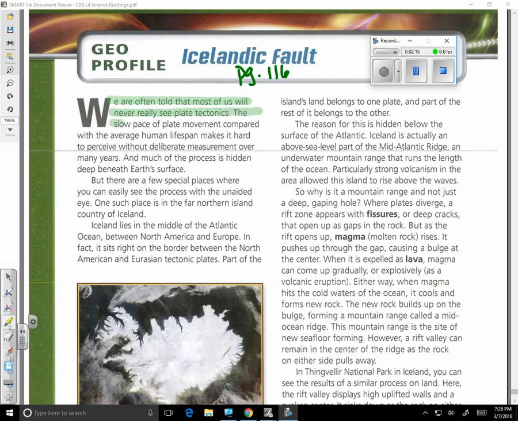The slow pace of plate movement compared with the average human lifespan makes it hard to perceive without deliberate measurements over many years, and much of the process is hidden deep beneath the Earth's surface. But there are a few special places where you can easily see the process with the unaided eye. One such place is in the far northern island country of Iceland.